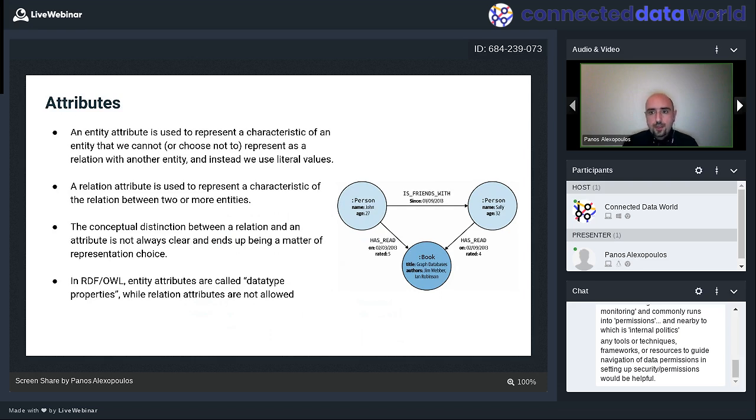So, for instance, in this figure you can see a knowledge graph that says we have a person, an entity John, whose age is 27, and he's friends with Sally, who's also a person, and they've been friends since the first of December 2013. They both have read a book whose title is Graph Databases, and the authors of that book are Jim Weber and Ian Robinson.